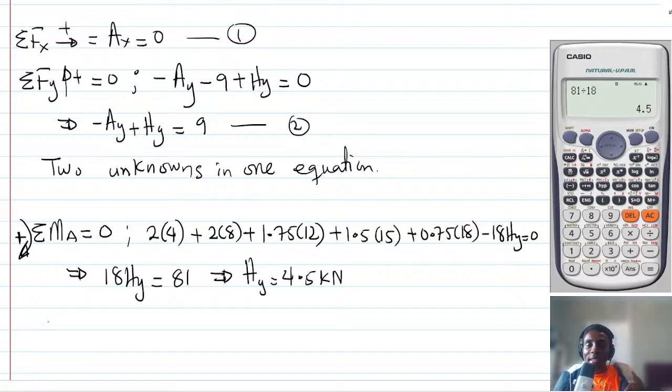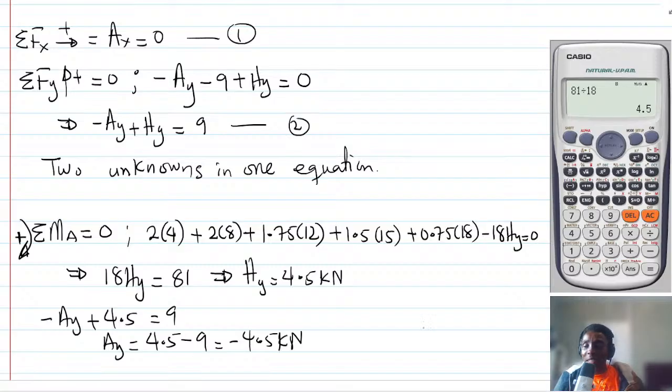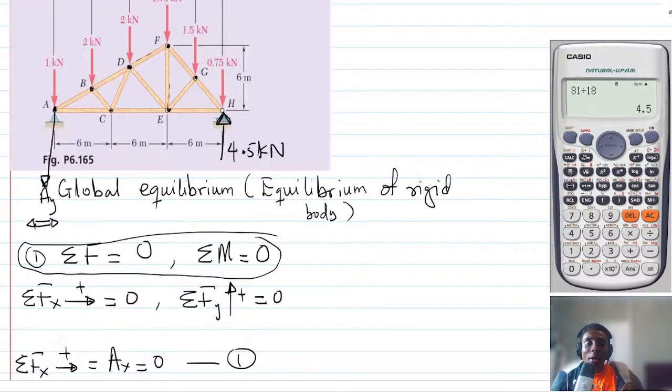So we can say that minus AY plus 4.5 is equal to 9. So AY will be 4.5 minus 9, and that is minus 4.5. Whenever you solve for reaction and you get negative, it means that the direction you chose is the other way around. So you basically go back and change it.